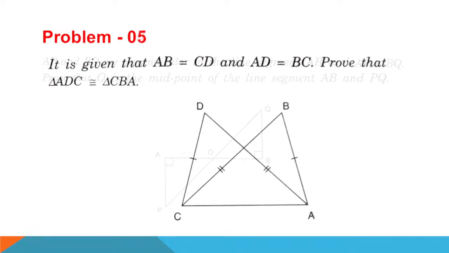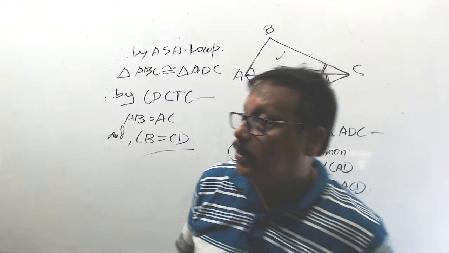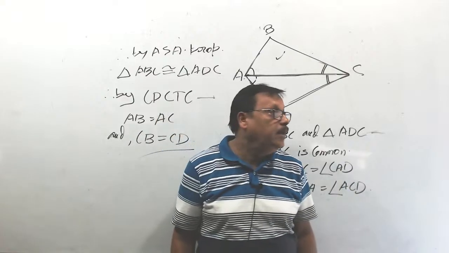Okay. The next one, it is one important problem. Number 5. This is given AB is equal to CD and AD is equal to BC. Right. Prove that the triangles are congruent. You will try this one. Okay. The last one, that's number 5.